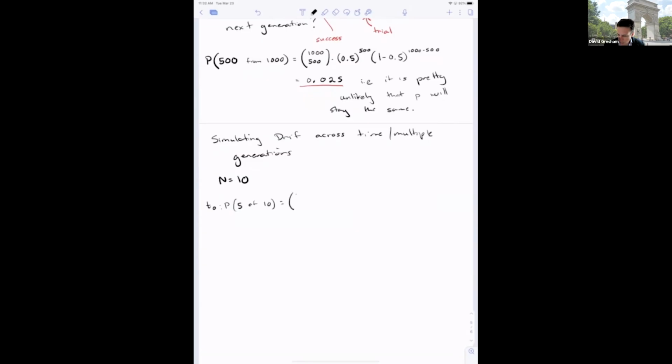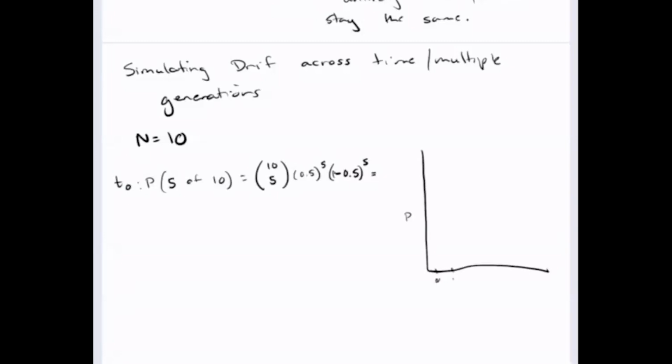The way we would compute that is 10 choose 5, 0.5 to the power of 5, and then 1 minus 0.5 to the power of 5. And to do that, I could look here at the probability of selecting 0, 1, 2, 3, 4, 5, 6, 7, 8, 9, 10.